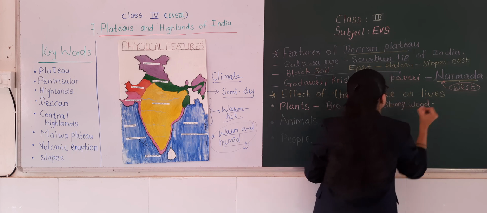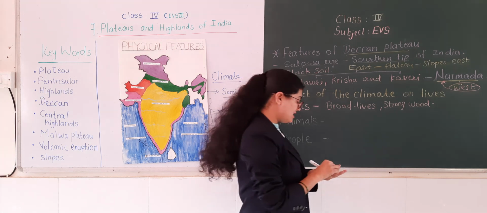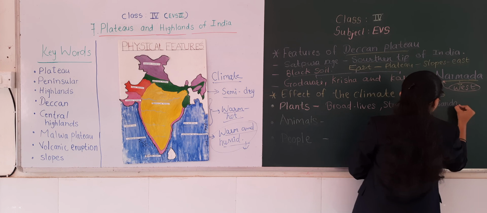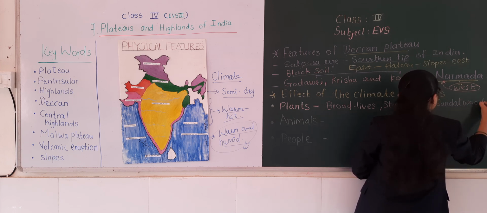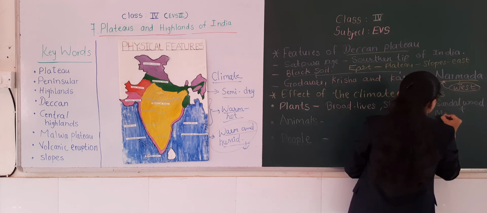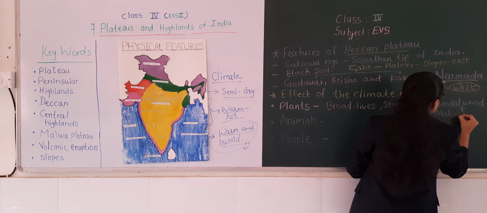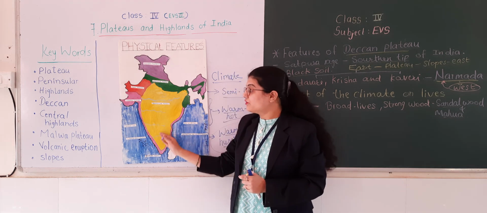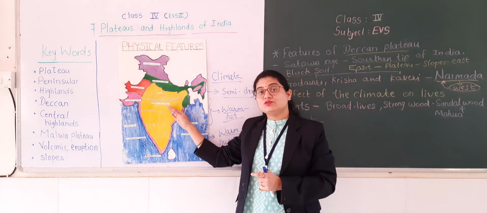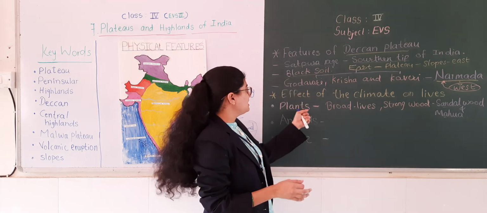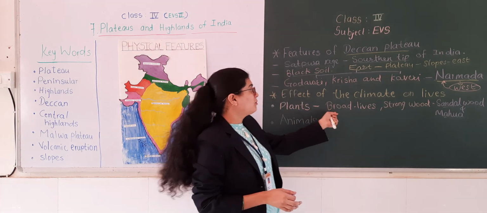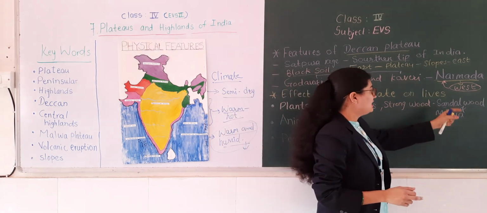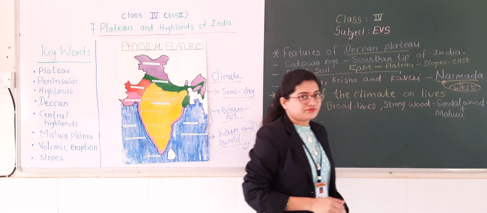Examples of plants are sandalwood and mahua. These are the main trees found in this region. In the Peninsular Plateau, we may find plants having broad leaves and strong wood, for example sandalwood and mahua.